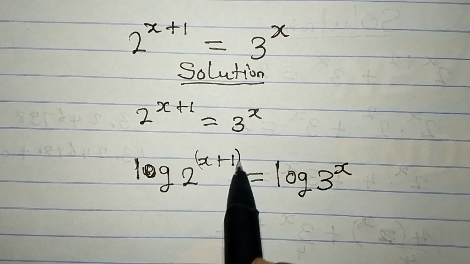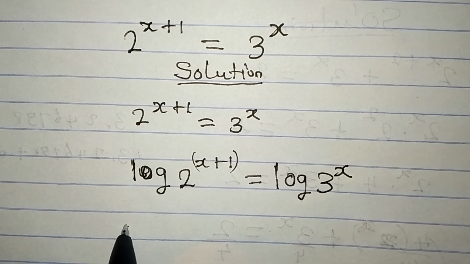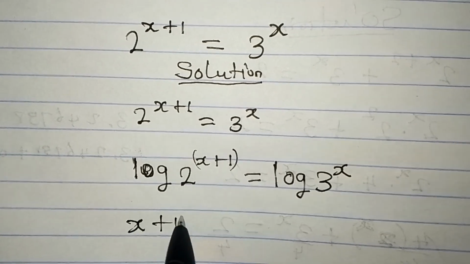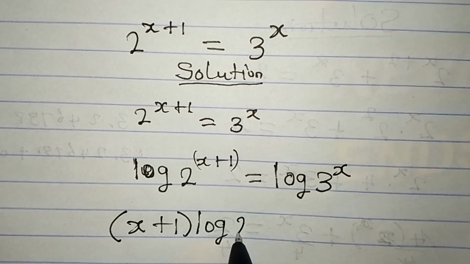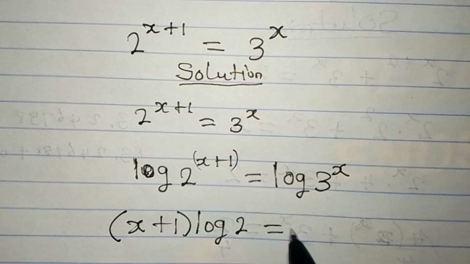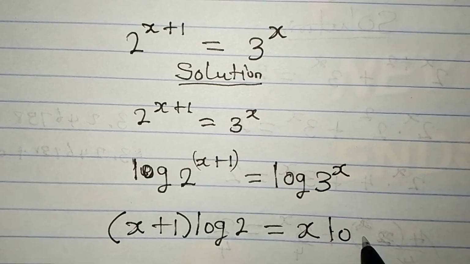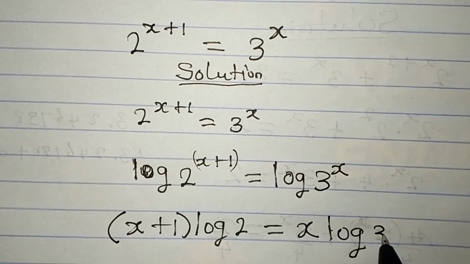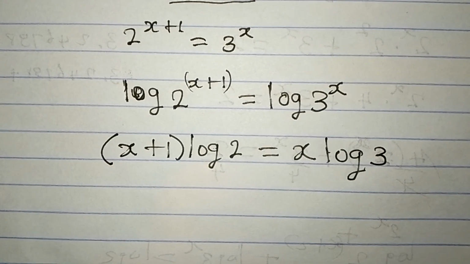Remember, this power, they are both together, right? So we can now say that x plus 1 in brackets, then we have log 2 is equal to, the power goes behind, we have x log 3.